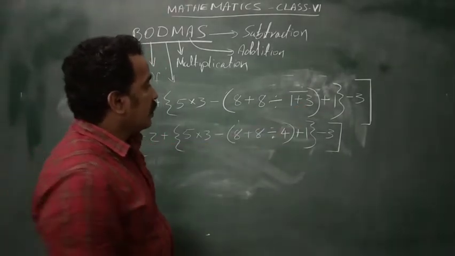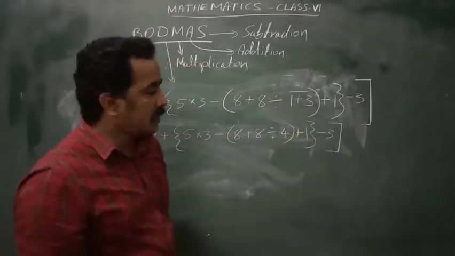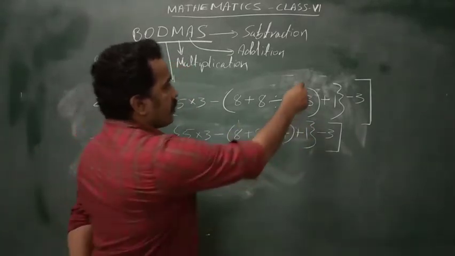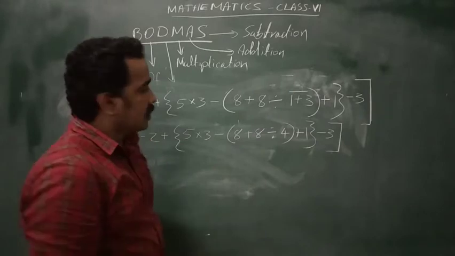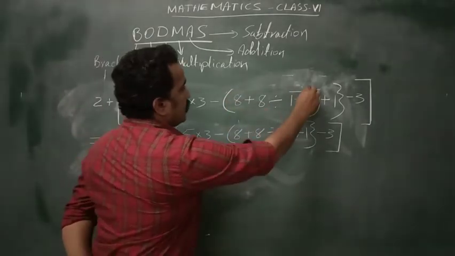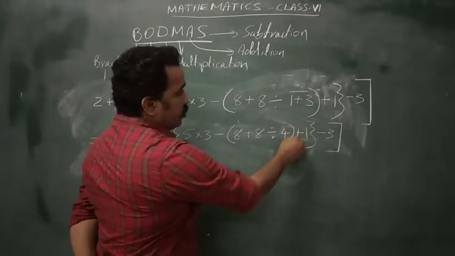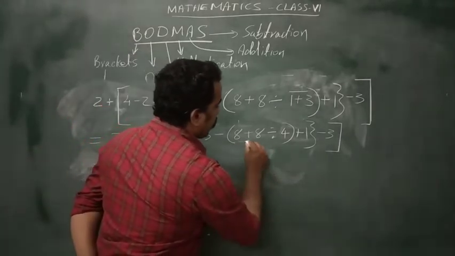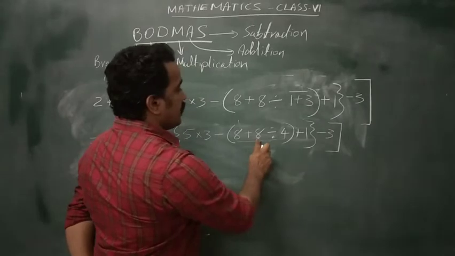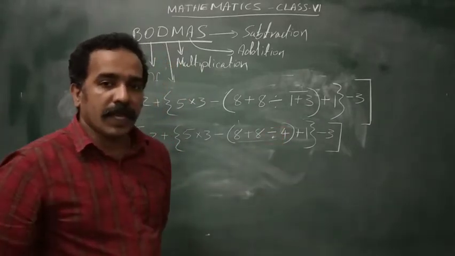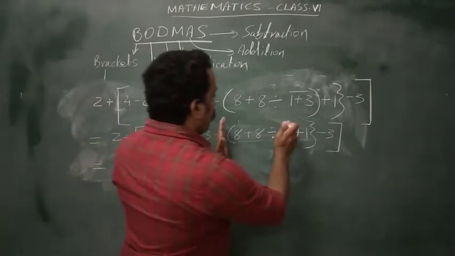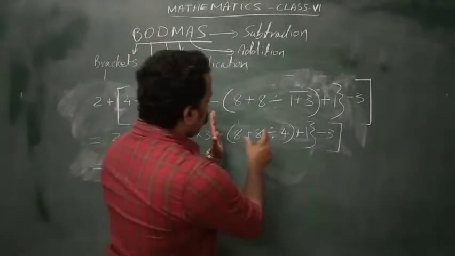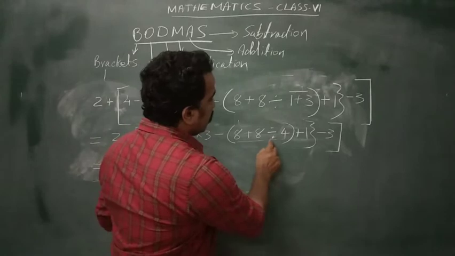Now next we have to solve the parenthesis. After vinculum, then parenthesis. Inside the parenthesis, what is there? 8 plus 8 divided by 4. Forget all the remaining part, just look at this: 8 plus 8 divided by 4.